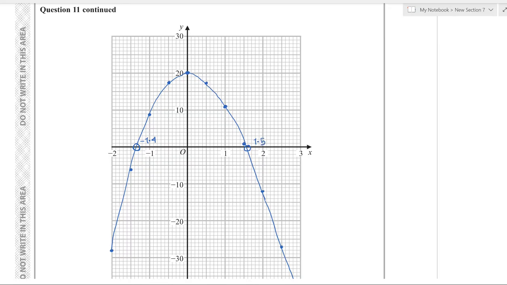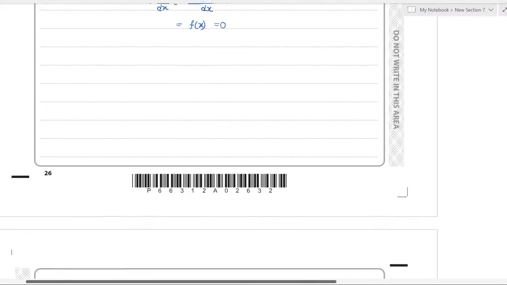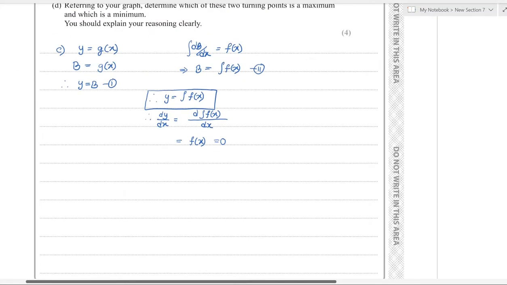So these are the 2 points of x for which f(x) is 0, and whenever f(x) is 0, these are the turning points for the curve C, for that g(x) curve. So we have found the x coordinates for which f(x) is 0, that is x is -1.4 and x is 1.5.